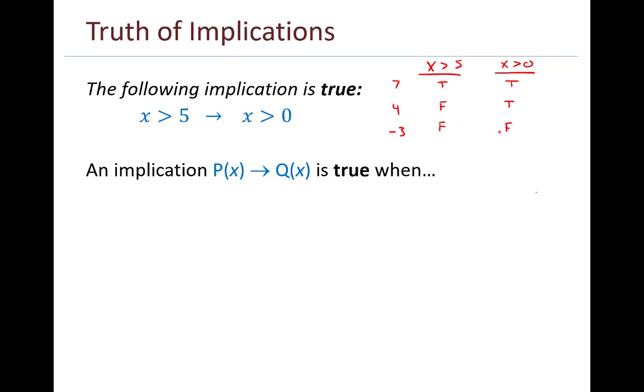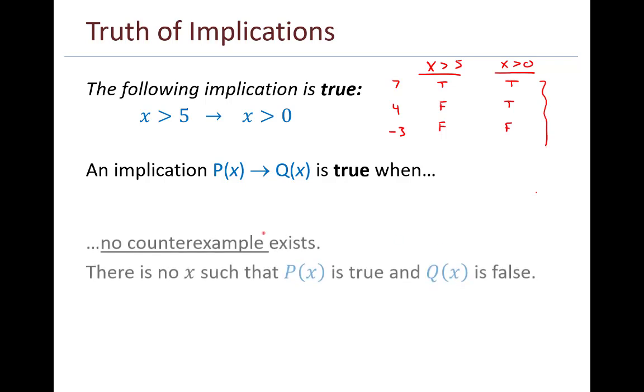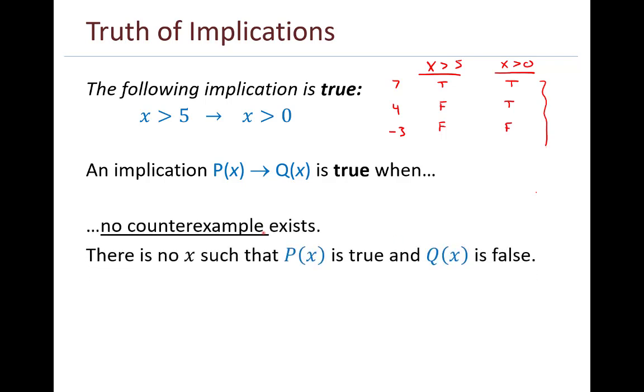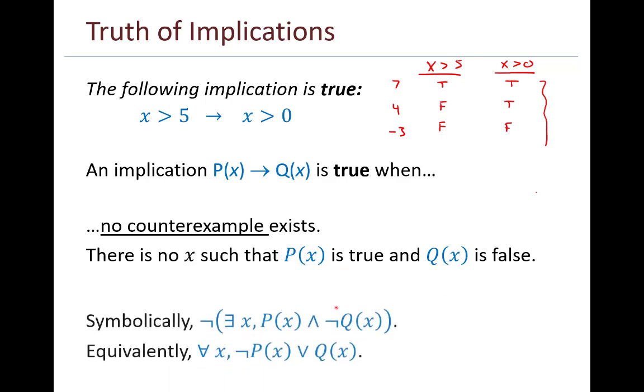But definitely, there's no counterexample. We will never have that true implies false. So the implication is true basically if any of these three cases works. It's true if no counterexample exists. There is no such x that makes p of x true and q of x false.